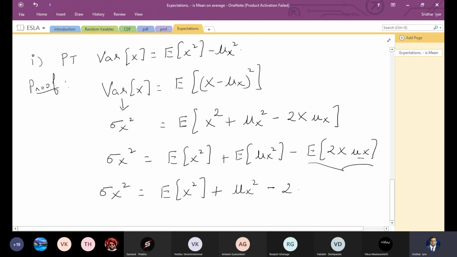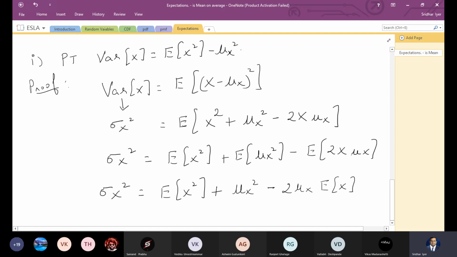So I'm going to take the mu x also outside, and then you have E of just x left. I hope you are able to understand what is happening in the second and third term. In the second term, you have E of mu x square, where mu x itself is a mean value, so there's no question of finding again the expectation. So you just have mu x square. In the third term, 2 is a constant.